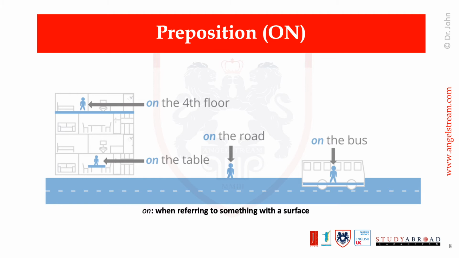In all these four examples, it is quite clear that there is a surface that this man is standing on. So he's on the fourth floor, he's on the table, he's on the road, he's on the bus. In all these cases, we are using on because we have got a surface.